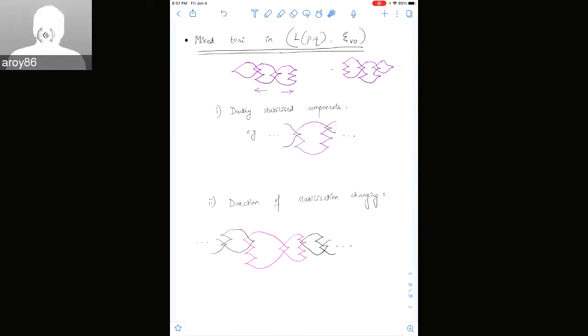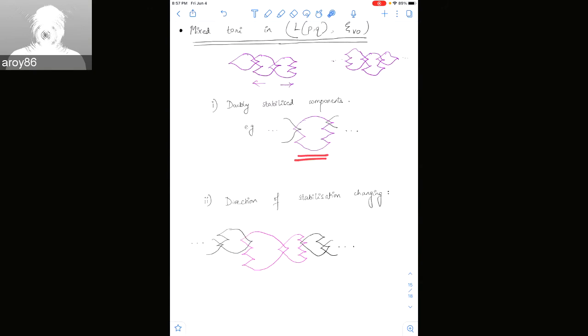Those are the regions where the mixed tori show up. In doubly stabilized components, this is where a mixed torus shows up, and if the direction of stabilization changes, then this is also where the mixed torus shows up.